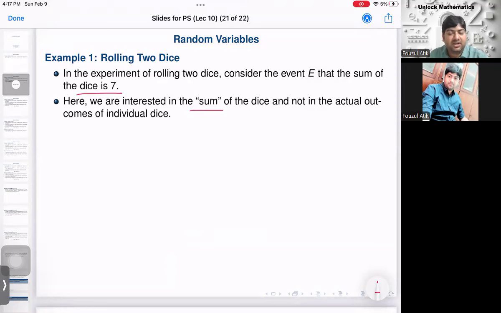One can also ask that G is the event that the sum of the dice is 5. Possible. Another event is the sum of the dice is 11. Possible. So we are thinking of a new quantity which is related to the individual outcomes, but which is not the actual outcome. We are interested in the sum of the dice.